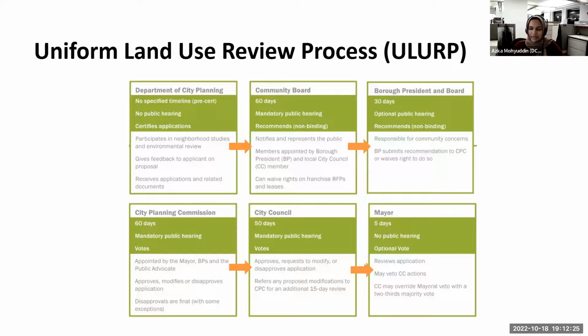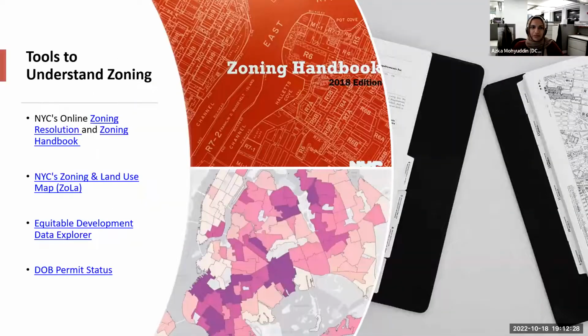Okay, no problem. And the other thing you talked about is the Equitable Data Development Explorer. So that's a much larger thing. Essentially what the EDE is meant to do is create a space that will lead to more conversations around equity and displacement, and around what the conditions of the neighborhood are.